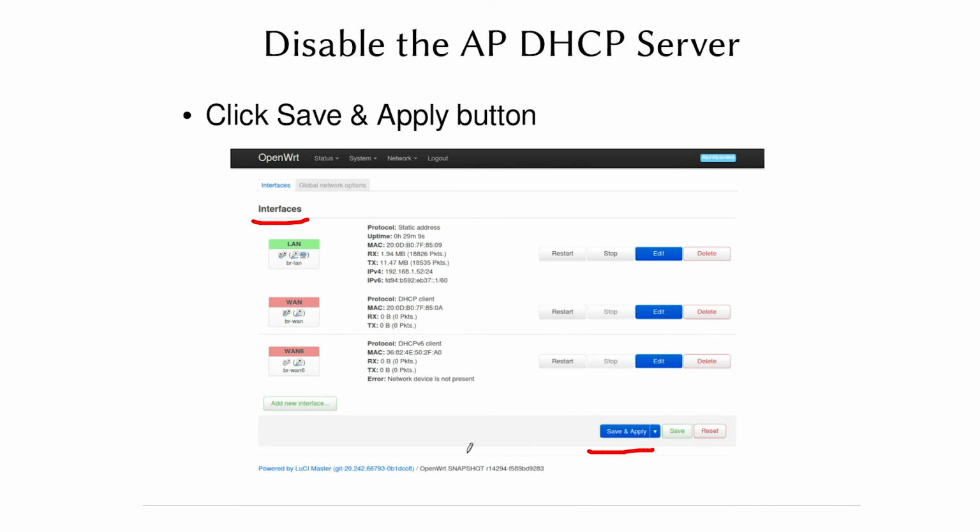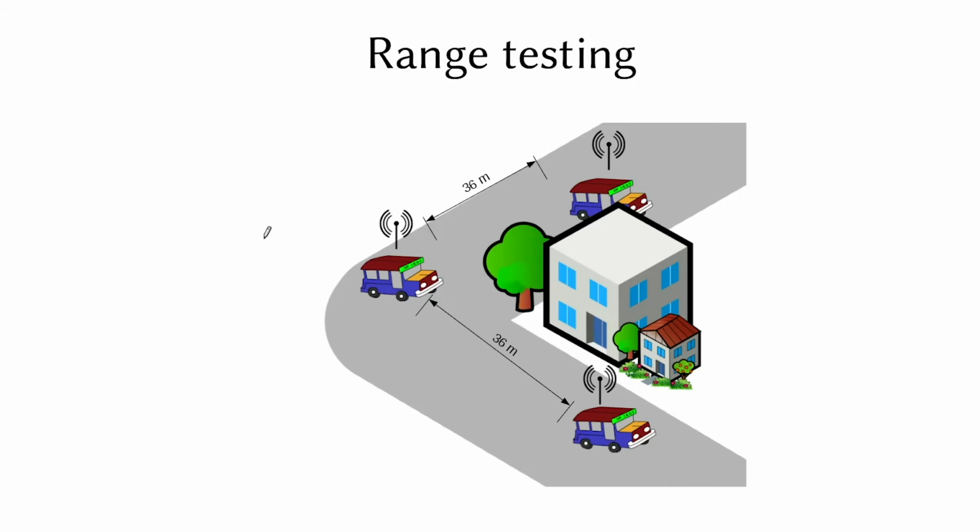Don't forget that. Okay, so once we have expanded the range as well as the number of concurrent student users, we can now take our entire network device setup and put it, let's say, in a jeepney, and then we can add another AP device in another jeepney. Let's say this is where your server is.